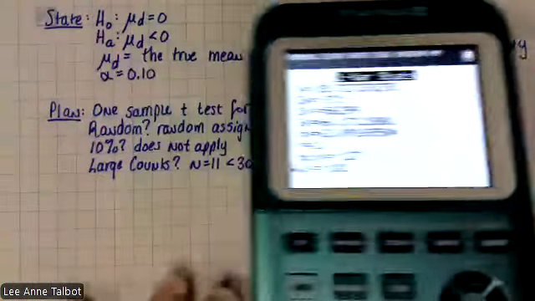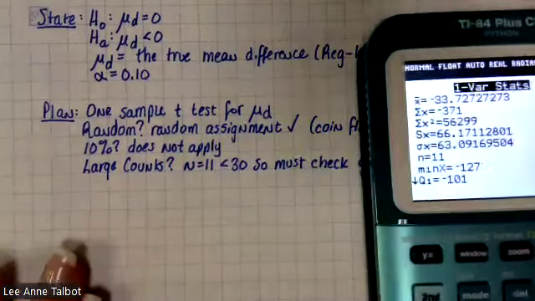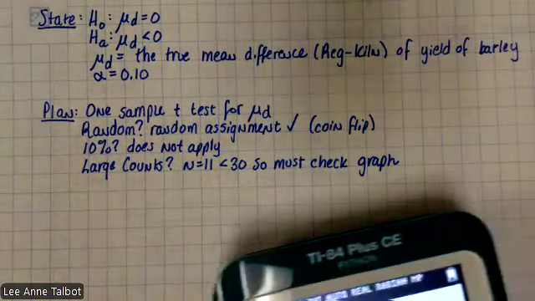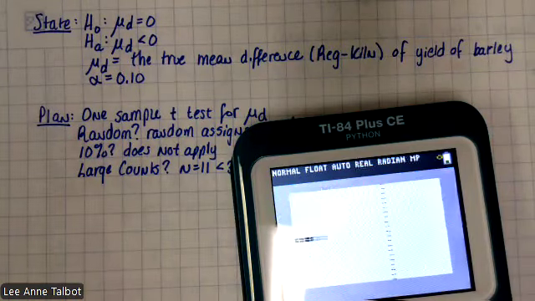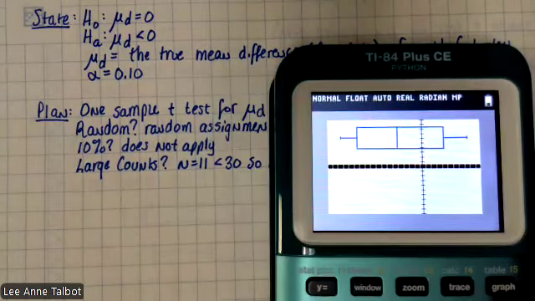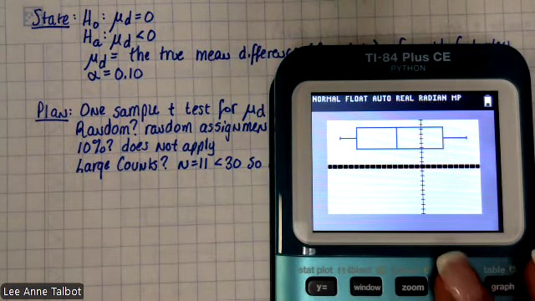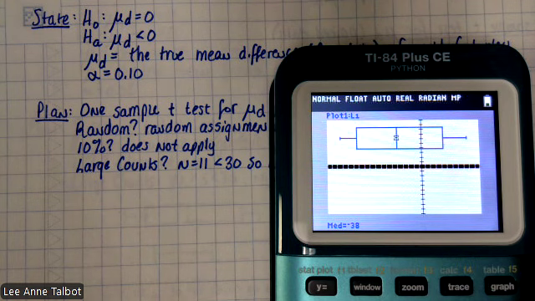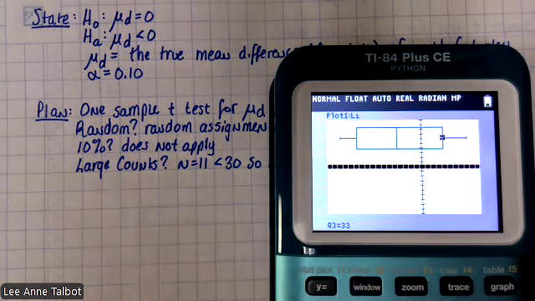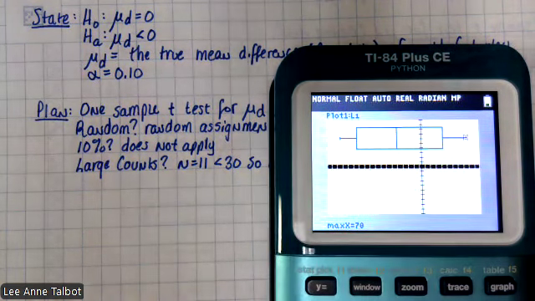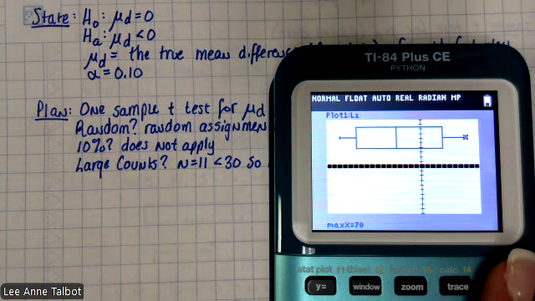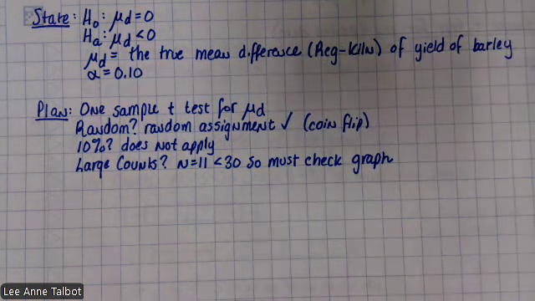So I already have my things in L1. And if I hit zoom 9, holy shnikes, that's zoomed in. Okay. So if I hit the trace, that's negative 127 to positive 70. What do you say we go by 25?